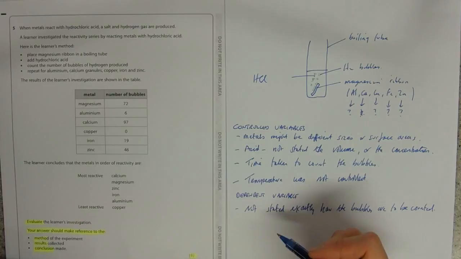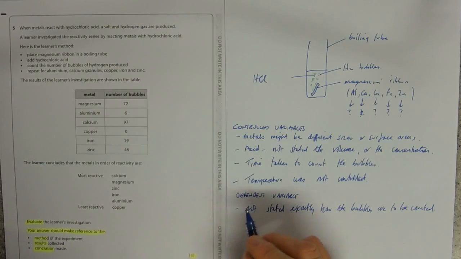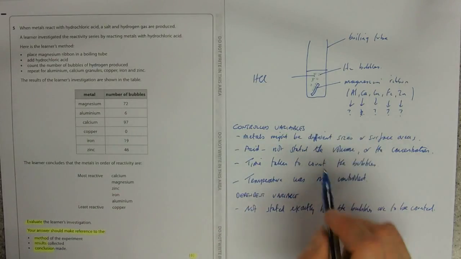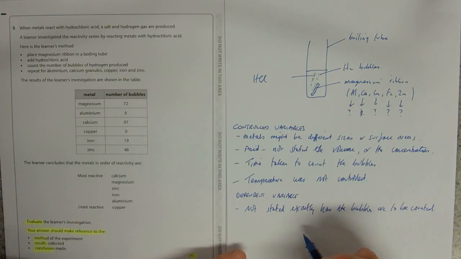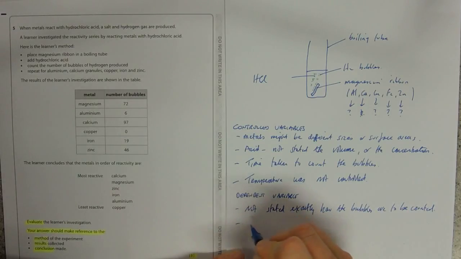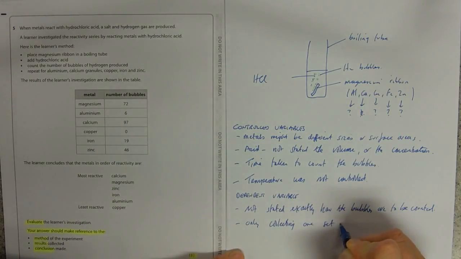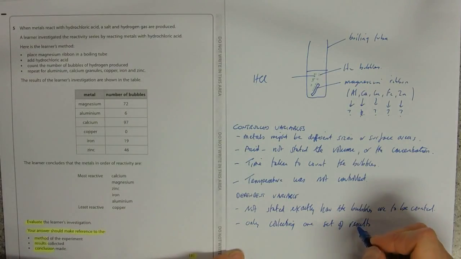And you're thinking about the results. Well, they've done this experiment once. I mean, it would obviously be much better if they did repeats and calculated a mean and so on. So only collecting one set of results.